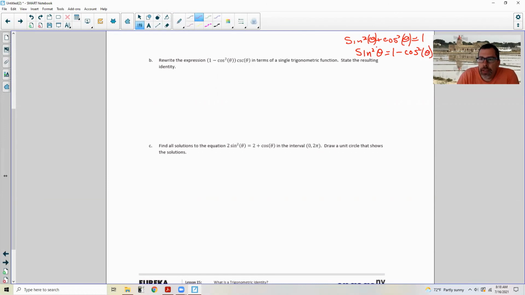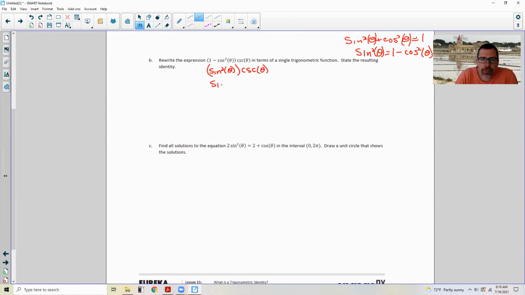Okay, so sine squared theta equals 1 minus cosine squared theta. 1 minus cosine squared theta is sine squared theta, and that's going to be times cosecant theta.